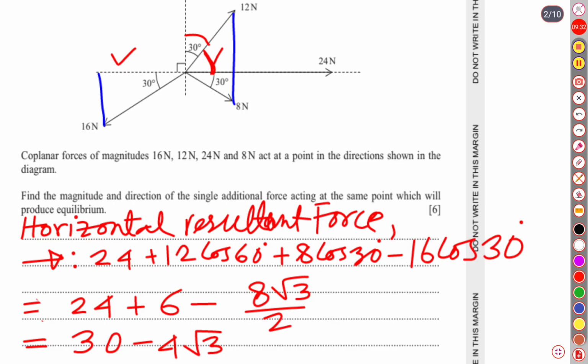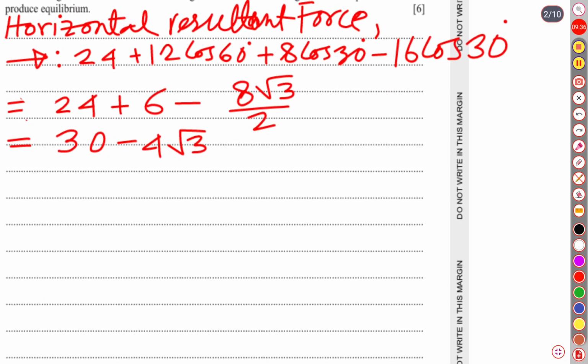Now the vertical resultant force, that means the upward or downward force.